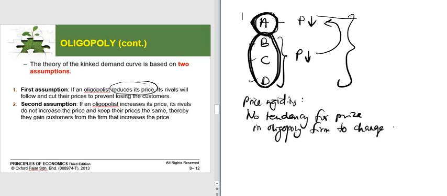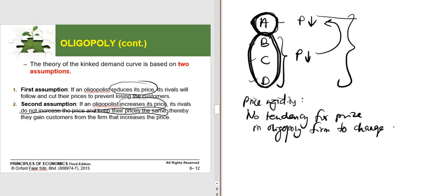The second situation is if a firm in the oligopoly market increases its price, the rivals or competitors will not increase their price and they will keep their price the same. Because when they keep their price the same, the oligopoly firm that has increased its price will lose market share.